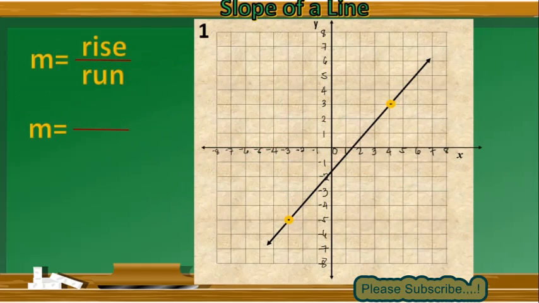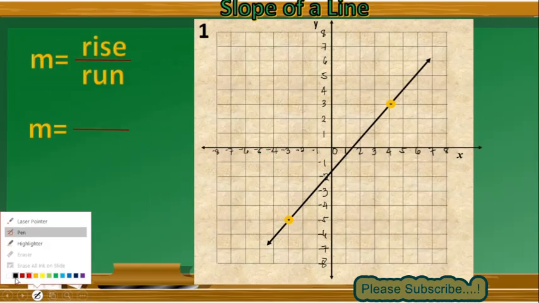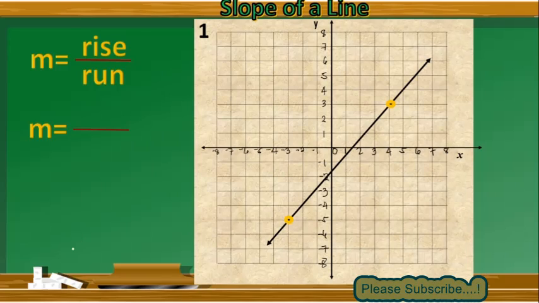Okay, I have a graph here. In finding the slope of the graph, we will usually use this formula, rise over run. To find the rise, you have to count how many steps going up.